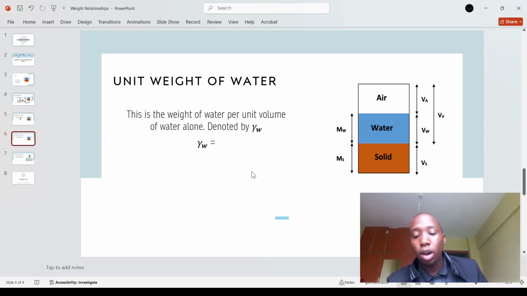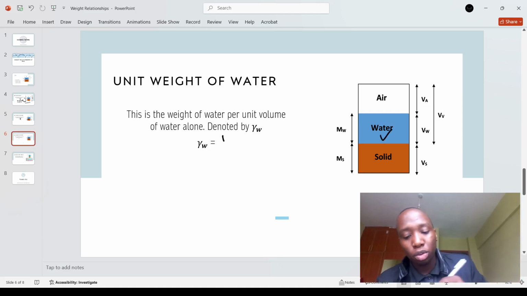So for the unit weight of water, following the same procedure, the unit weight of water is the weight of water per unit volume of water alone, denoted by gamma W. Here we are only talking about water.